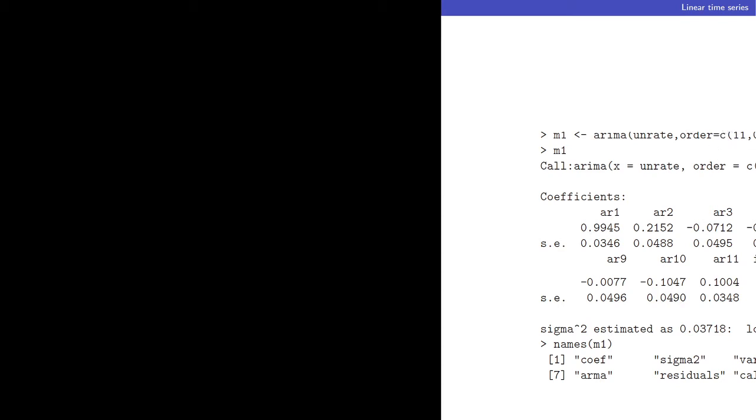We get the following coefficients. Here we have said that we want 11 coefficients. The variance of this is estimated this way. Logarithmic likelihood is pretty high. Akaike information criterion is high in absolute value, but pretty low.